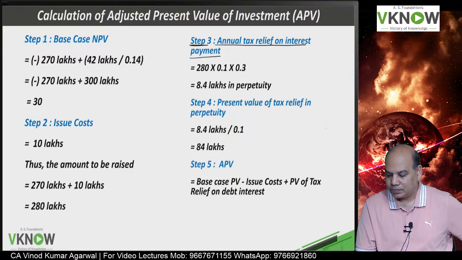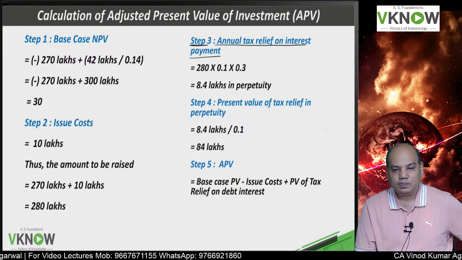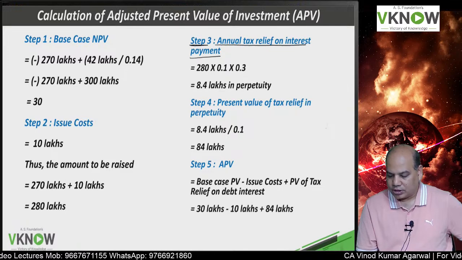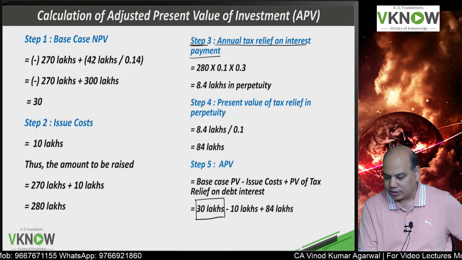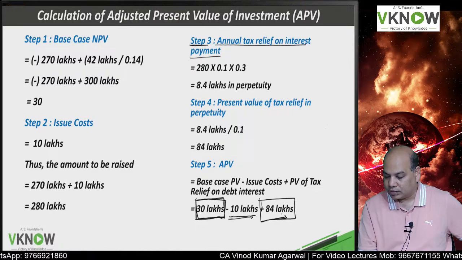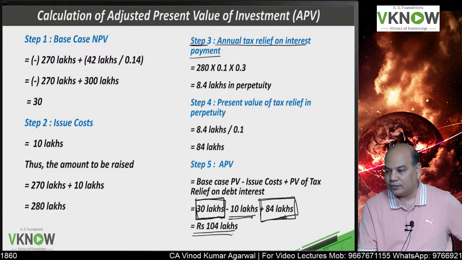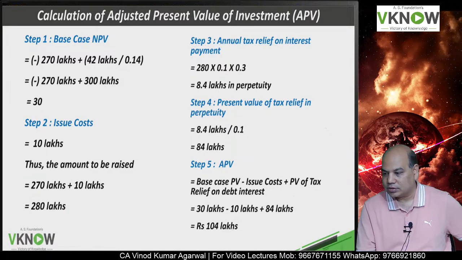Base case NPV minus issue cost plus PV of tax relief on debt interest, and that is equal to 30 lakh the project will generate without considering the role of financing, pure investment decision, 30 lakh, minus 10 lakh issue expense, plus 84 lakh due to tax saving on interest. So that comes to 104 lakh.